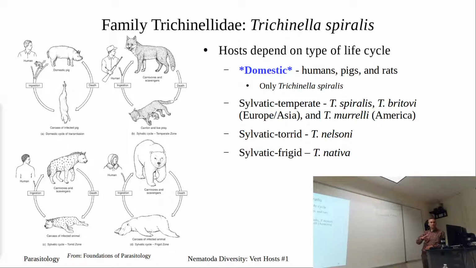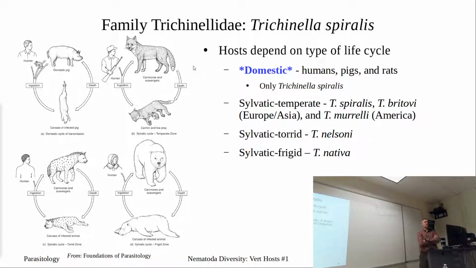So the domestic is farm raised, and sylvatic is wildlife. Trichinella spiralis can exist in the domestic life cycle and the sylvatic temperate life cycle, which is more of the moderate warmth, temperate regions.